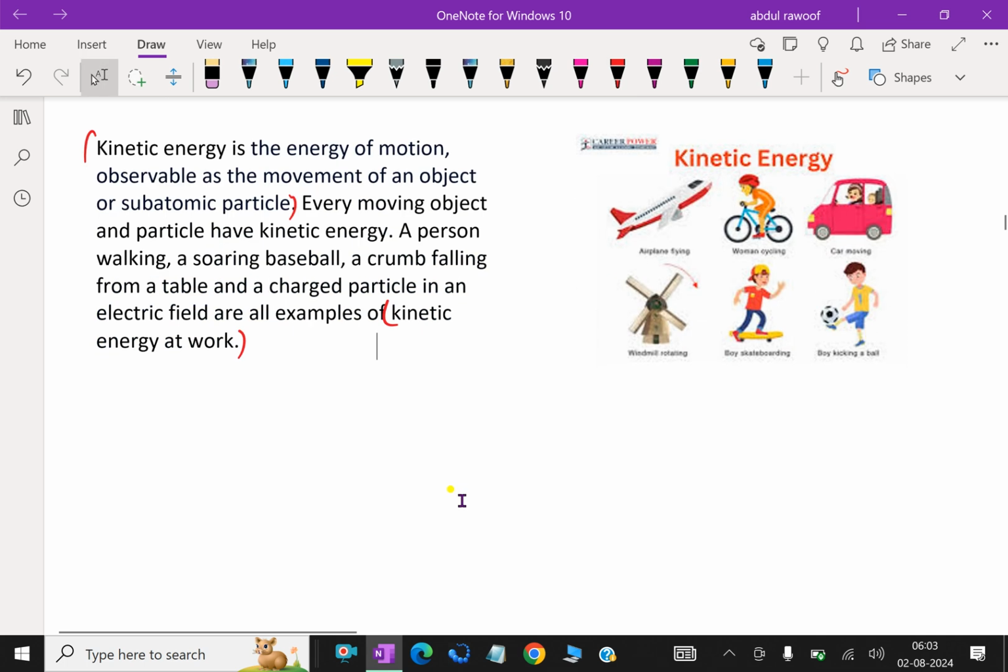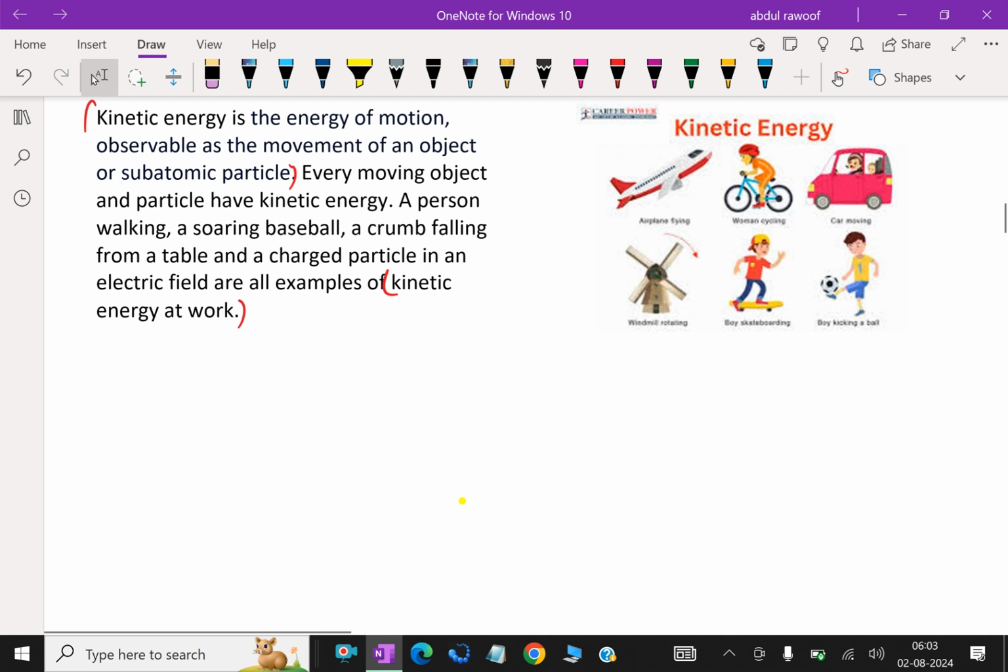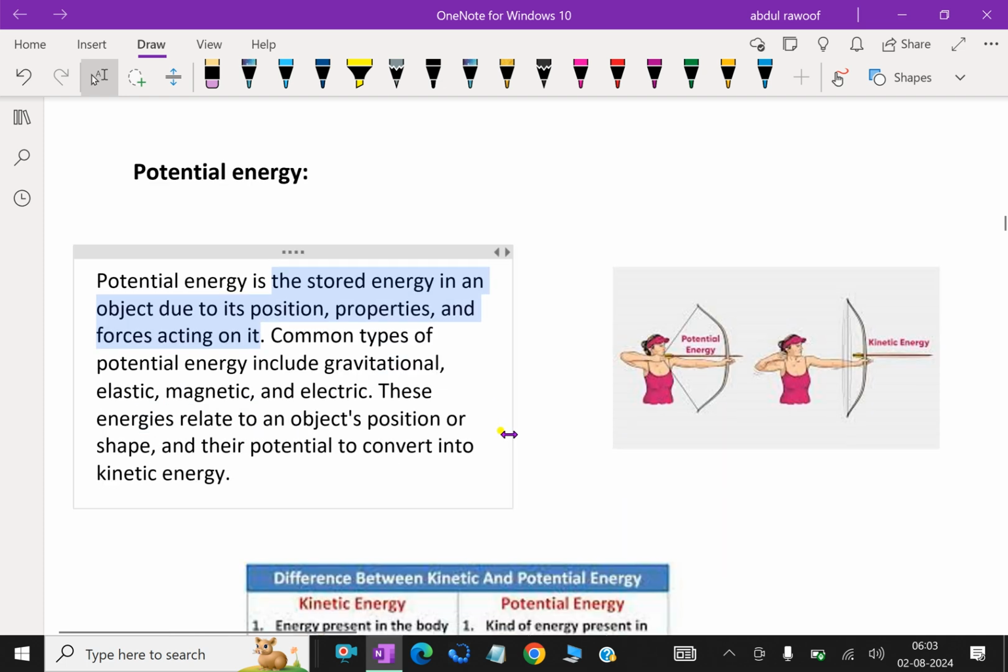Now, for kinetic energy, the formula is K equal to half m v squared, where m is mass and v is velocity. Next one, potential energy.